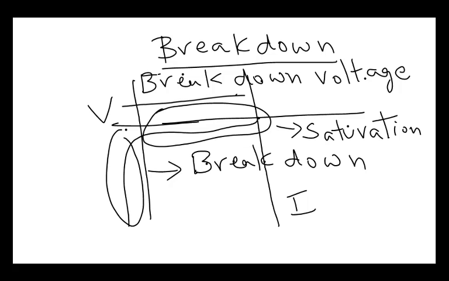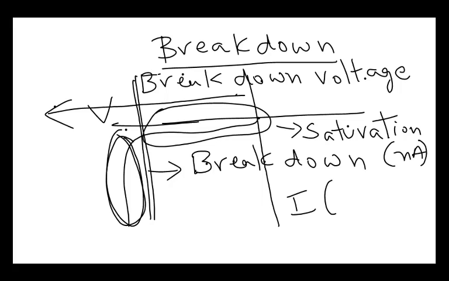So the voltage has to keep increasing in the negative direction till it crosses this region. Saturation current was in nanoamperes, very small, while the current in the breakdown region can be very high, in milliamperes or even in amperes.